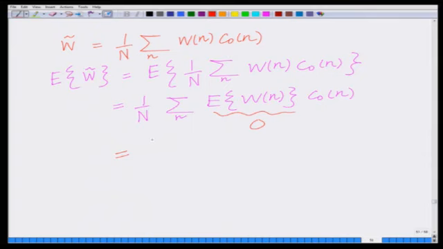Therefore, this is basically 1 over N times 0, which is equal to 0. Therefore, we have expected value of w tilde equals 0. Since each w[n] has 0 mean, w tilde also has mean equal to 0, correct.